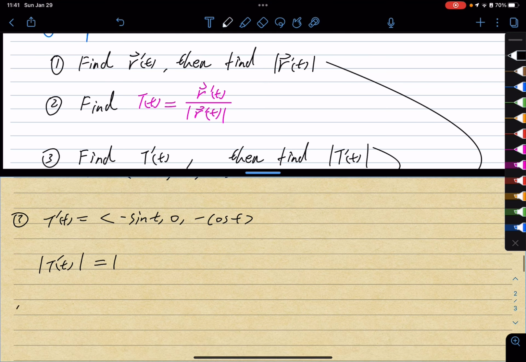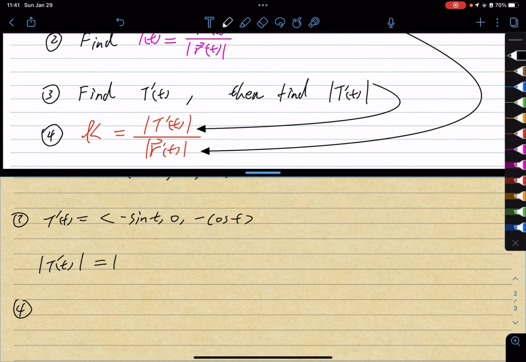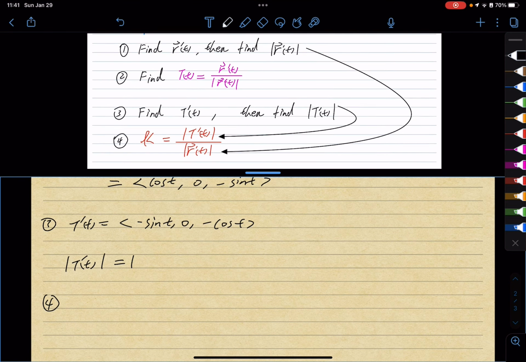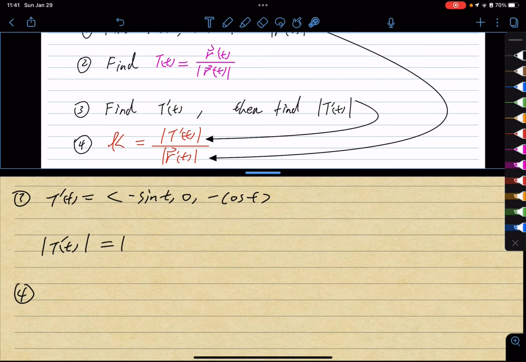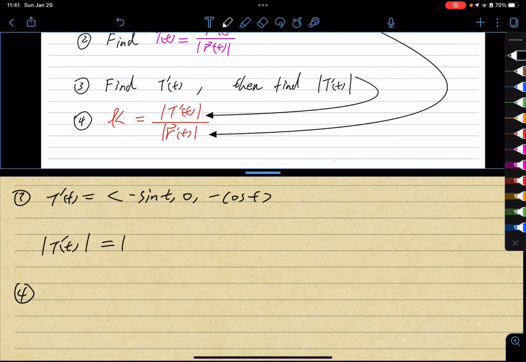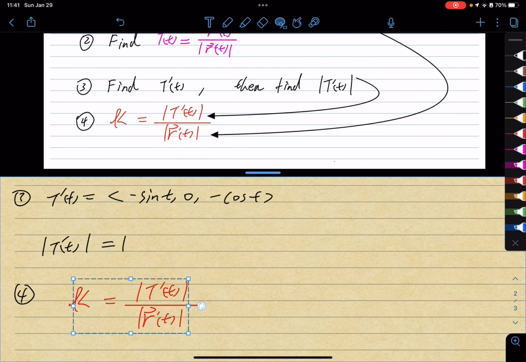Therefore, step 4, we kind of zoom out a little bit, right? We found the magnitude of T prime of t, and we also found the magnitude of big T, the unit tangent vector. So we construct kappa, I think it's called kappa. That's the curvature equation.